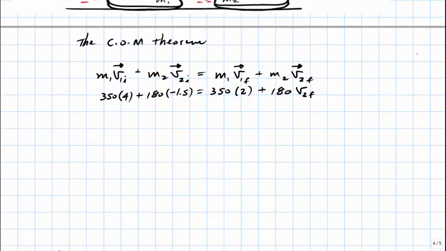Using a calculator, the left-hand side becomes 1,130, and on the right-hand side we have 700 plus 180 V2 final. Let's subtract 700 from both sides.